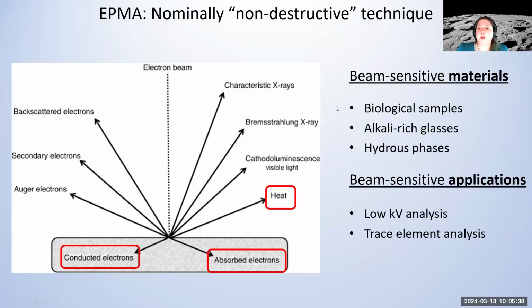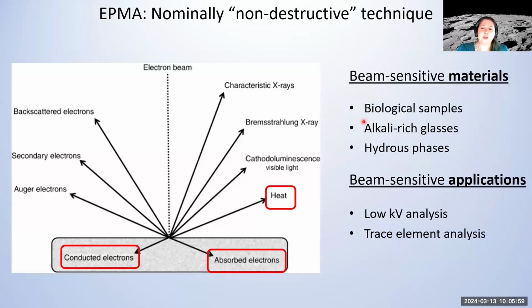We can distinguish between just beam-sensitive materials. A lot of the biological samples tend to be quite beam sensitive. I will talk a little bit about when it starts, what exactly beam sensitive means.